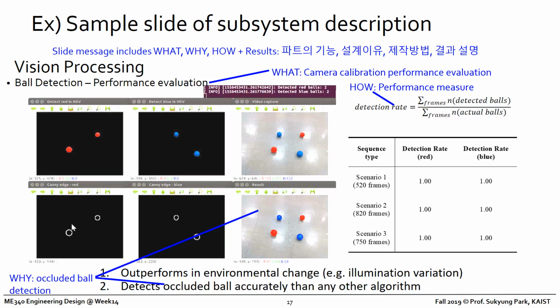Okay, so by looking at so many videos and tables and pretty rich slides, the evaluator still knows what the advantage, what the strength of this group is. They have done very well on the light variation and the obstacle. So please try to write down your strengths explicitly, the points where you can get a credit.